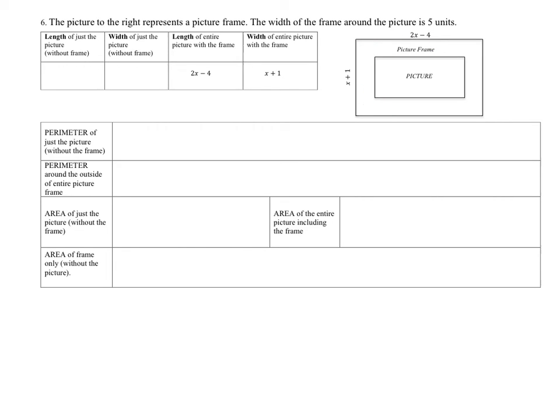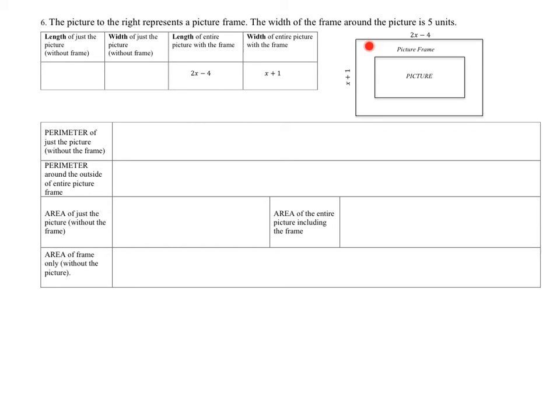So if I'm trying to find the length of just the picture, this right here, if you look, this whole thing is 2x minus 4, and I just went from here to here. So we're going from the outside in, we're going to subtract, right? Because from here to here is 5, and from here to here is 5.